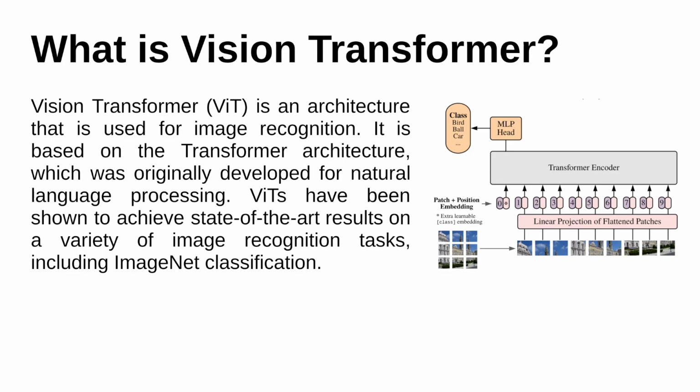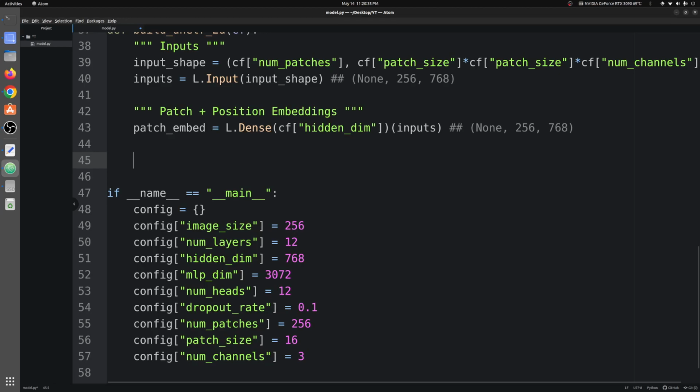So to make sure that the model learns the sequential information about these patches, we add a positional embedding, that is this 1, 2, 3 kind of information. Just ignore this part, we won't use this extra class embedding with our ViT implementation for now, because this is usually used for classification, but here we are dealing with segmentation, so we don't need this extra learnable embedding. Let's move back.